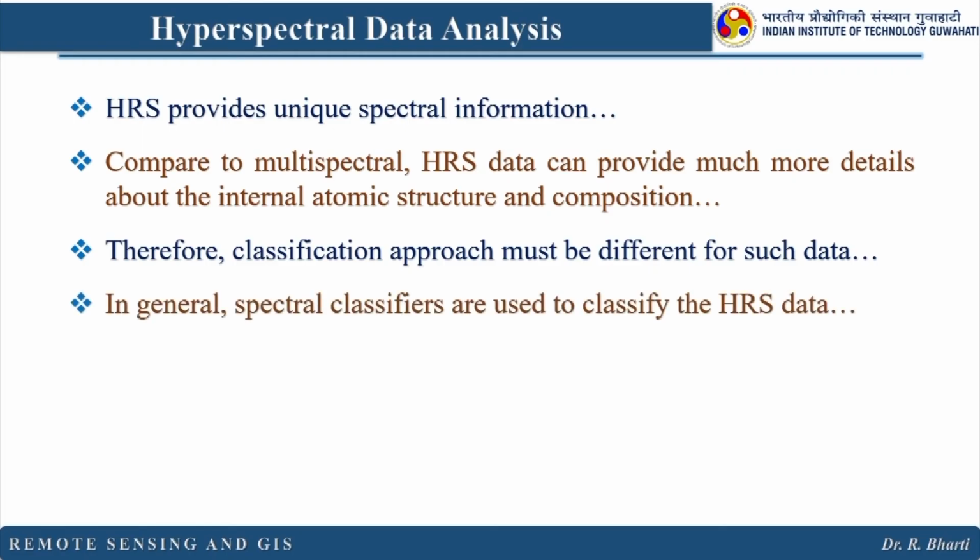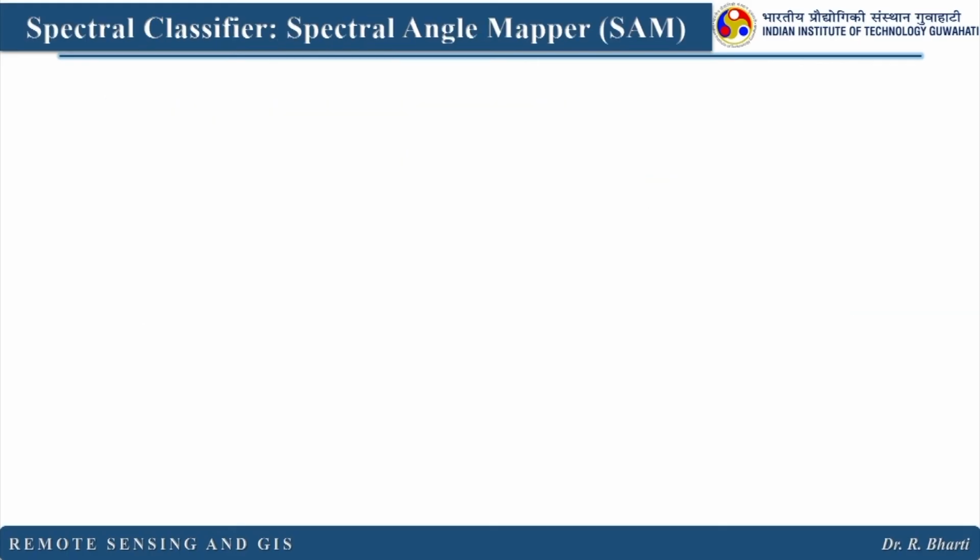When we have certain advantages, there will be some complications, right. In general, spectral classifiers are used to classify hyperspectral data. One of them is the spectral angle mapper, commonly known as SAM.